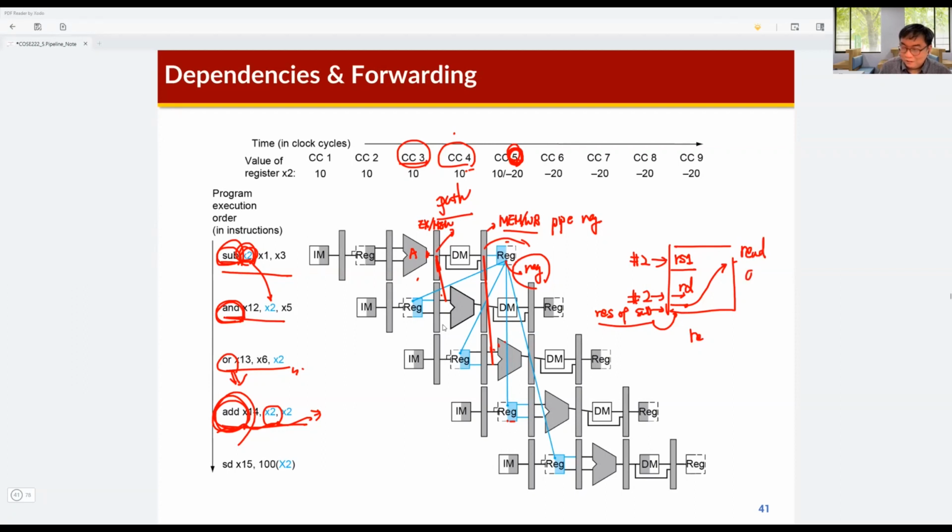Read data 1. So I mentioned that this data, which is being written back to the register file, should be forwarded to the data output of this register file. This is called the internal forwarding.